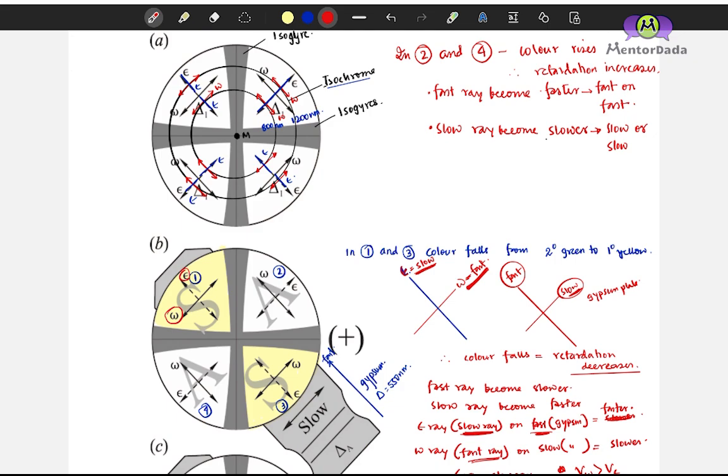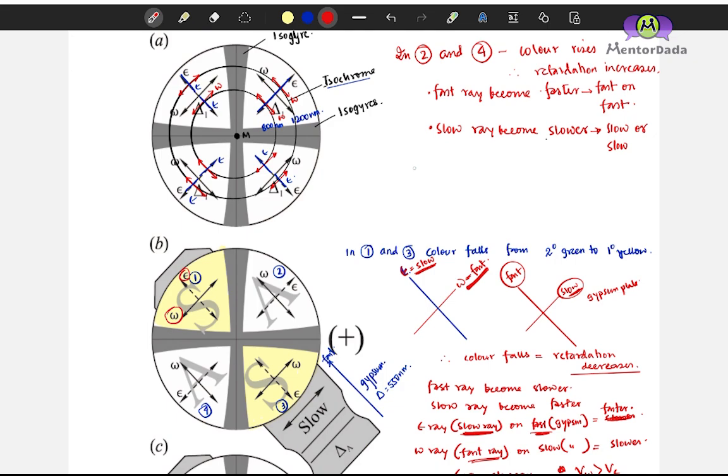Okay, so fast on fast will increase the velocity of the light, and slow on slow will decrease the velocity of the light. So fast will become faster and slow will become slower. So the distance between them will definitely increase, and as a result you will see the retardation definitely increase, right?